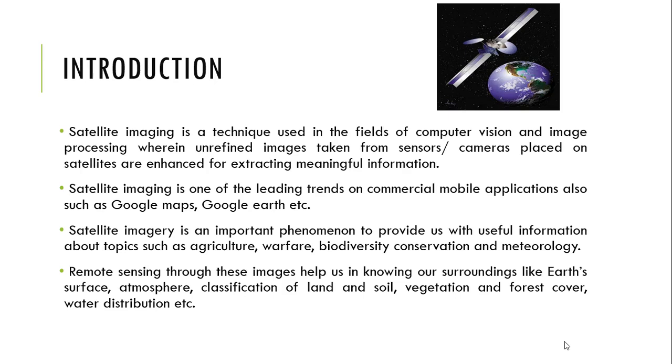This is one of the leading trends in commercial mobile applications such as Google Maps, Google Earth, etc. It is an important phenomenon to provide us with useful information about topics such as agriculture, warfare, biodiversity, conservation, and meteorology. Remote sensing through these images helps us to know many other factors like vegetation and forest cover, water distribution, Earth's atmosphere, etc.